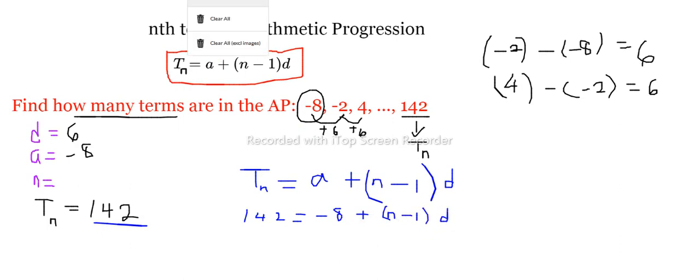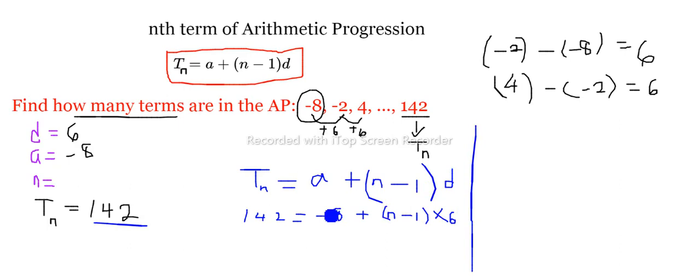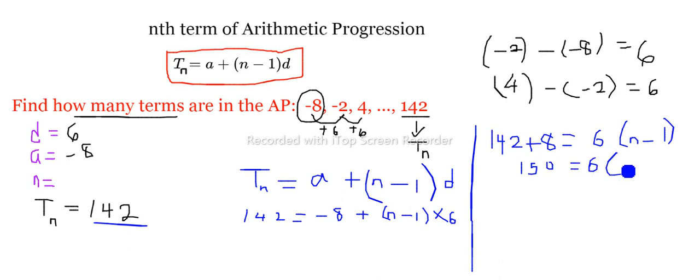Our d here is 6, so multiply by 6. We can simplify this. Collect your like terms now. If I collect like terms, I have 142 plus 8 equals 6 multiplied by n minus 1. So this will give me 150 equals 6 multiplied by n minus 1.